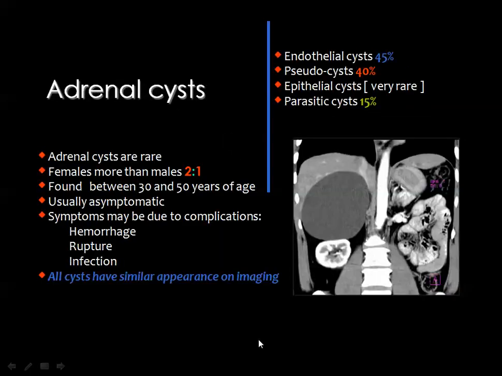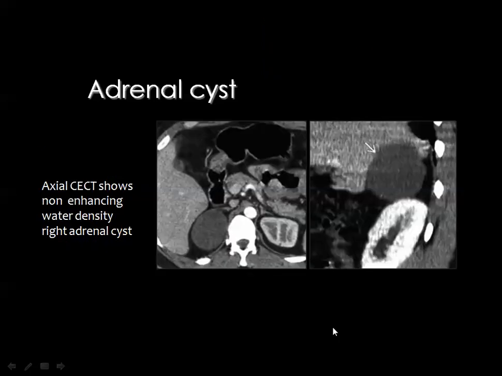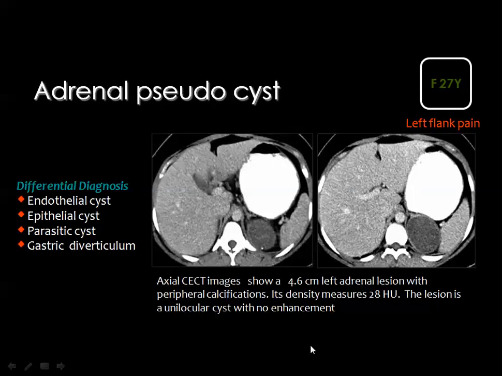The complications of the cyst include hemorrhage, rupture, and infection, similar to any other cysts everywhere in the body. Then this is an adrenal cyst. If you see a cystic lesion containing fluid in the suprarenal gland, you say that this is an adrenal cyst, and you cannot specify if it is pseudo or true unless you have the history.